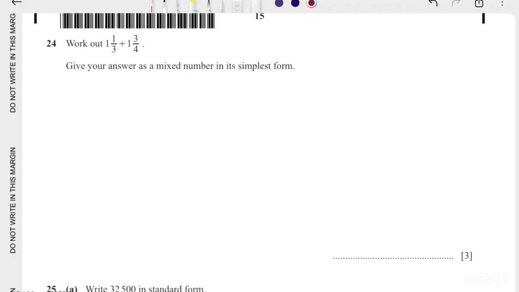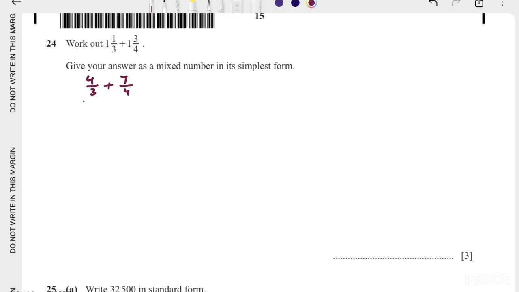Work out 1 and 1/3 plus 1 and 3/4. First of all we are going to change them into improper fractions. 3 ones are 3, plus 1 is 4, so 4/3. Then 4 times 1 is 4, plus 3, so 7/4.